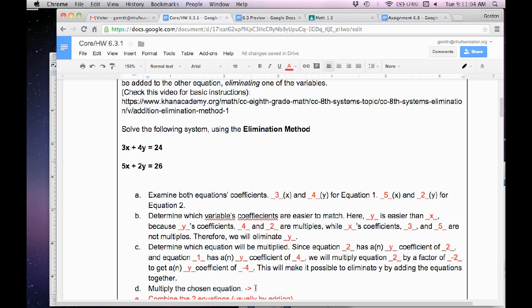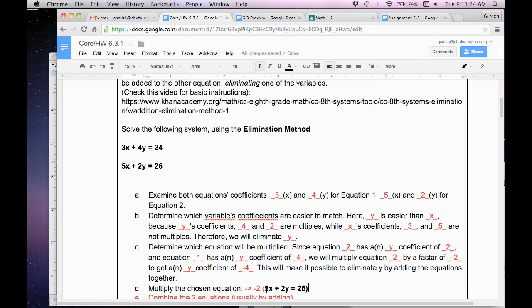Alright, so we're going to multiply the chosen equation. I said I'm going to multiply by a factor of -2, so it's going to be -2 times the entire equation. The entire equation gets multiplied. It's like the distributive property for an entire equation.